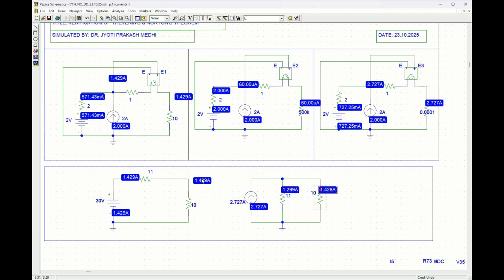So we get the same amount of current using the Thevenin theorem and the Norton theorem as in the original circuit. Like this we can determine and verify the Thevenin and Norton theorems for any circuit which contains a dependent source.